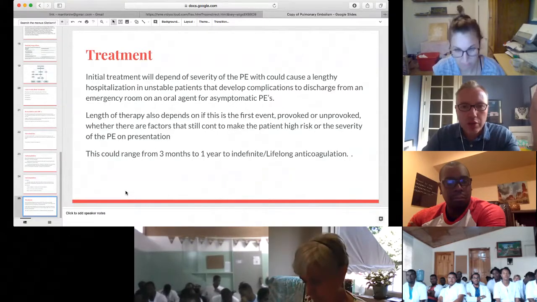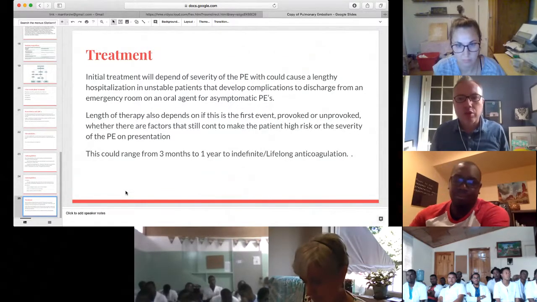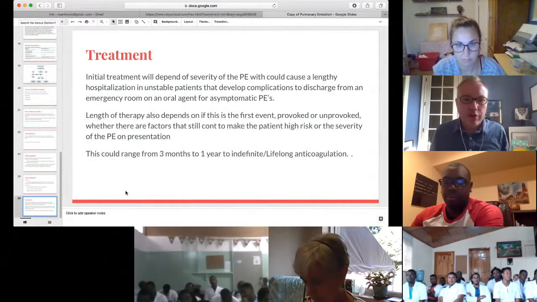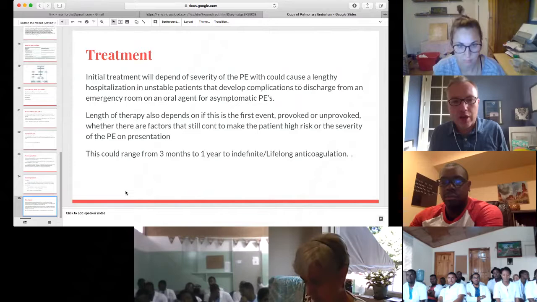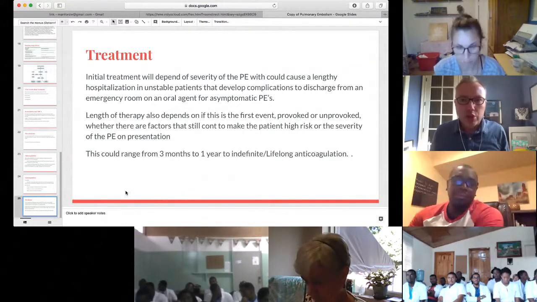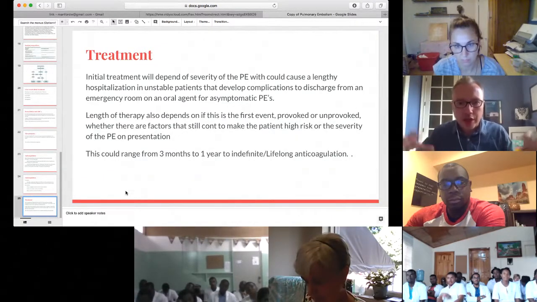Then the duration of treatment depends on the patient: whether this is their first event, whether something caused it or you couldn't find a reason, and whether they have high-risk reasons to continue to have clots. It could range from 3 months to a year to possibly the rest of their life, depending on those underlying factors.